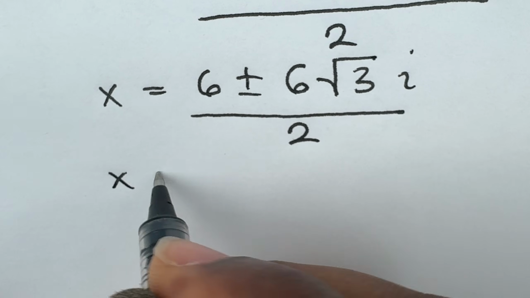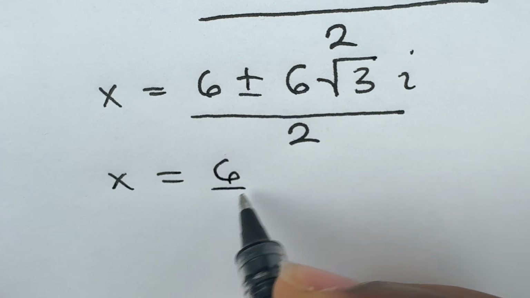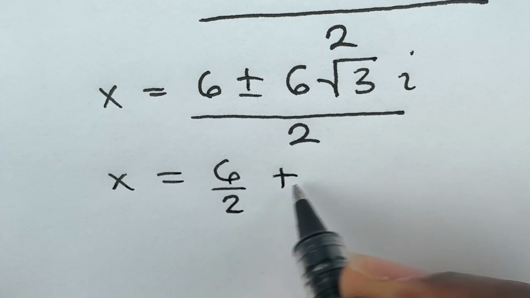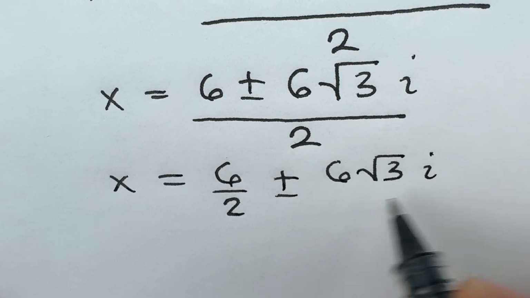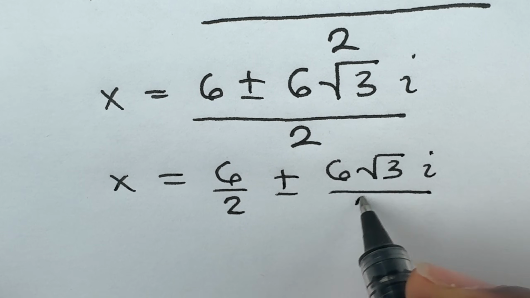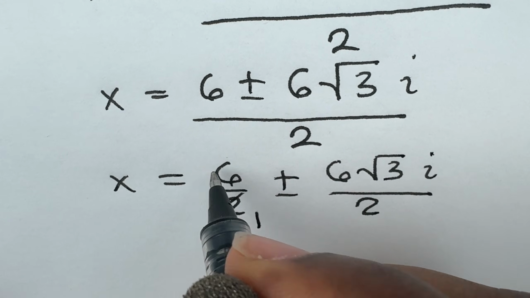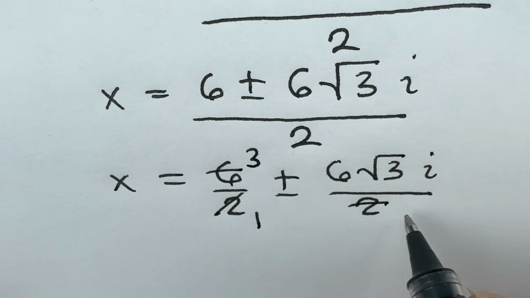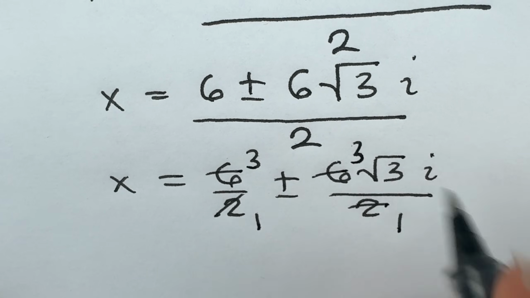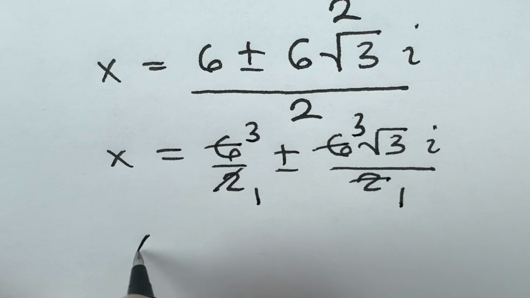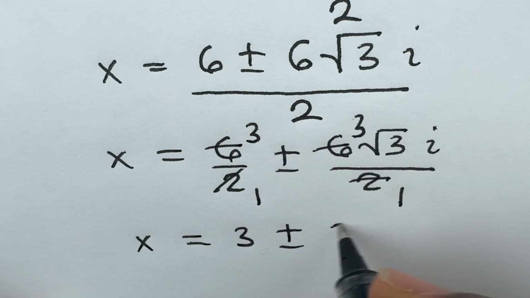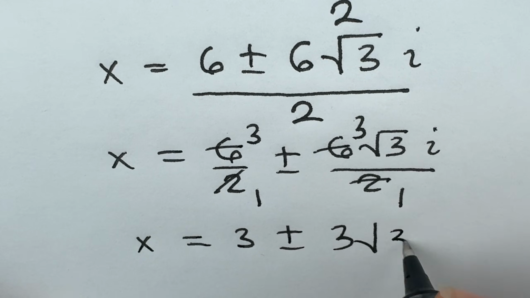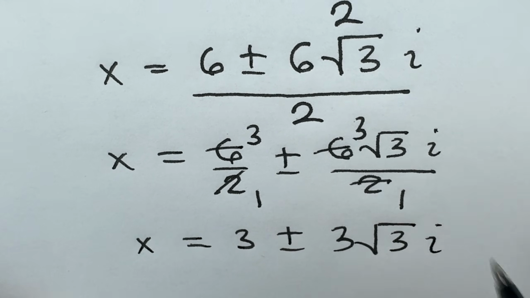We can do that by simply writing this as 6 over 2 plus or minus 6 root 3i over 2. 2 here is 1, 2 here is 3, 2 here is 1, 2 here is 3. This will give us x is equal to 3 plus or minus 3 root 3i.